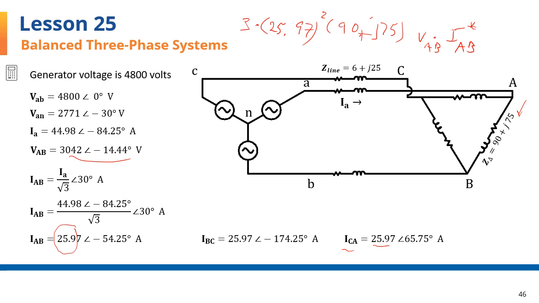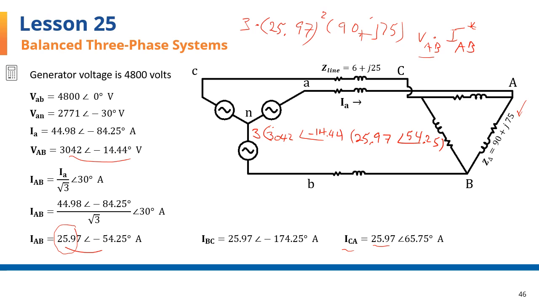So we have 3, and for that one we have 3042 with negative 14.44, times IAB conjugate, which is 25.97 with positive 54.25. If you find this and multiply it by 3, you should get the same answer as before for the three-phase load.